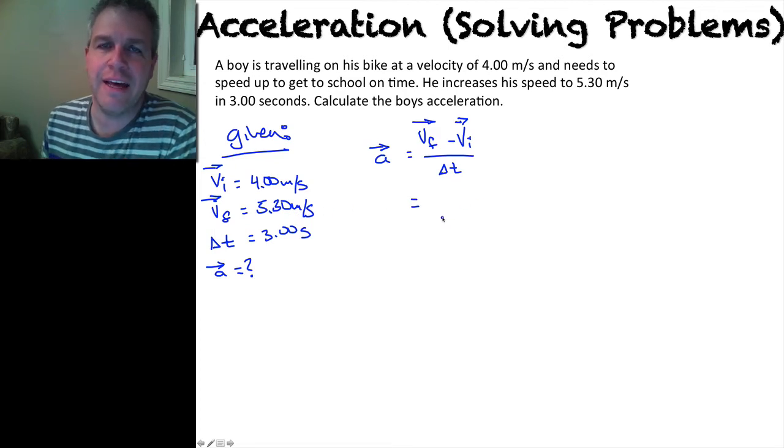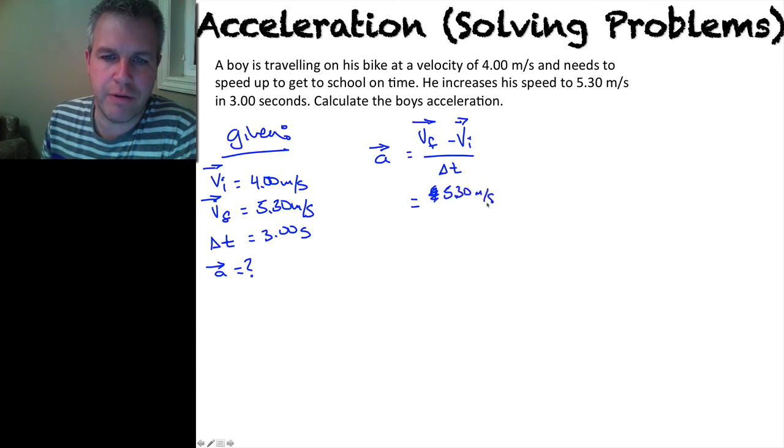And again, I want to make sure that we put in all of my numbers that are given to me with units. So my final velocity is 5.30 meters per second minus my initial velocity, which is 4.00 meters per second. So that represents my change in velocity, over my change in time, which is 3.00 seconds.